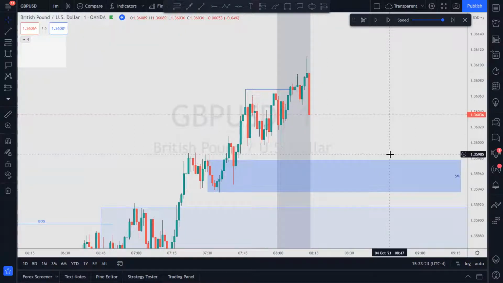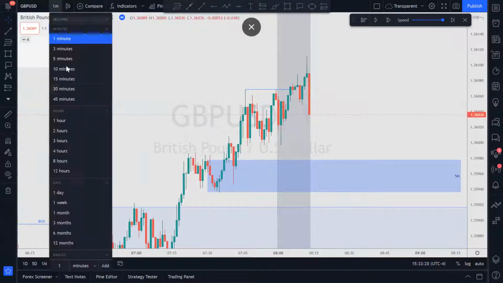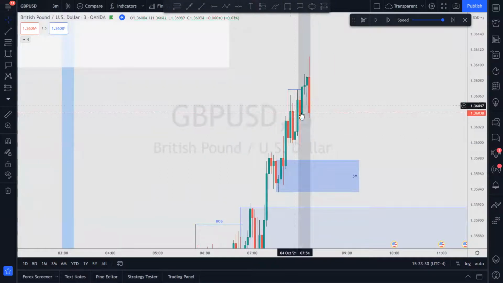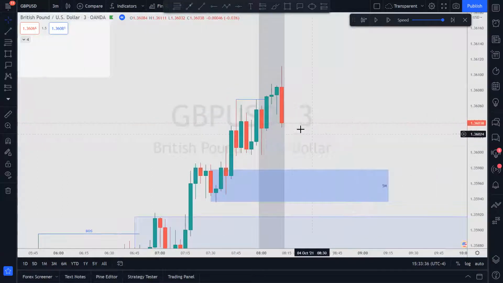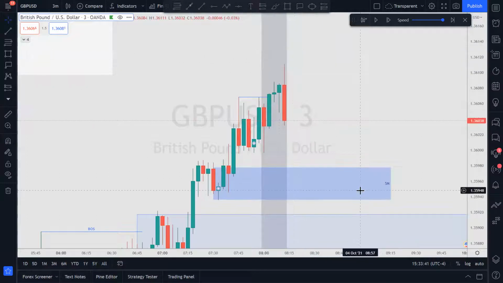Now things have gotten very interesting. We have returned to this chop. All right. Now, we can look at this in a number of different ways. What I'm looking for is price transitioning from bullish momentum to bearish momentum.